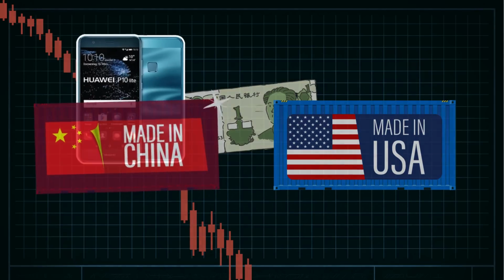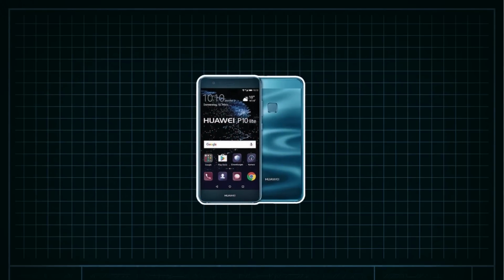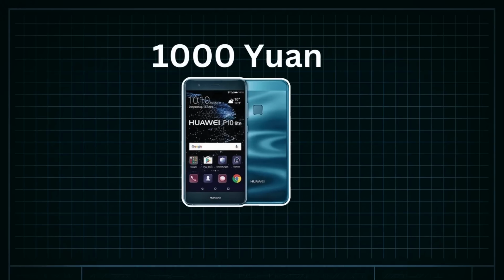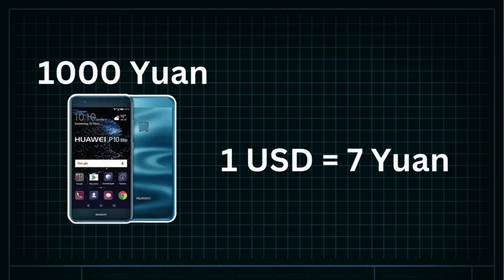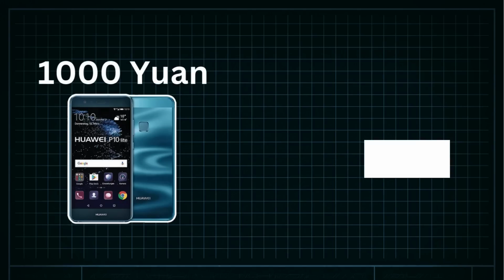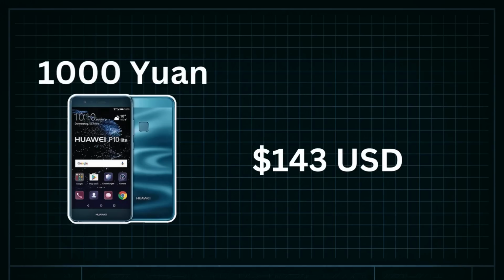Let's put this into perspective. Let's take the example of a Chinese good, such as a smartphone. A smartphone that would cost 1,000 yuan. Now, imagine that 1 USD equals 7 yuan. This means that the same smartphone would cost approximately $143 in the international market.